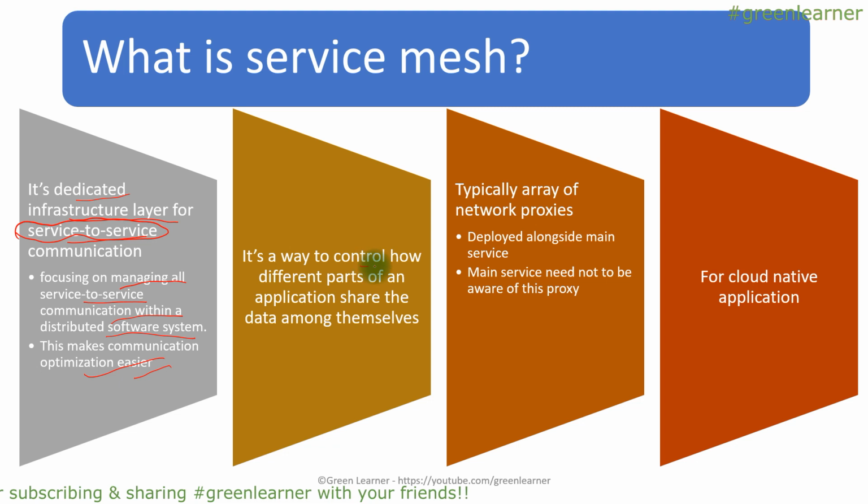It is also a way to control how different parts of an application share data among themselves, because any request going from service to service goes through the service mesh, so we can control the data passing through it. And how does it look? Typically it is an array of network proxies. Previously we have seen sidecar patterns.